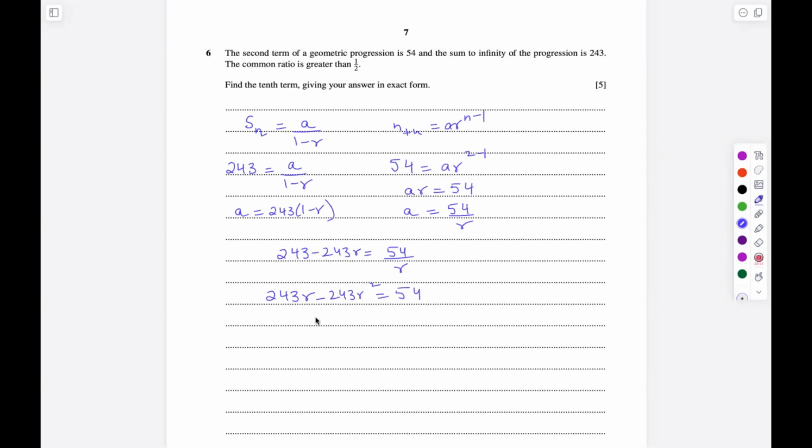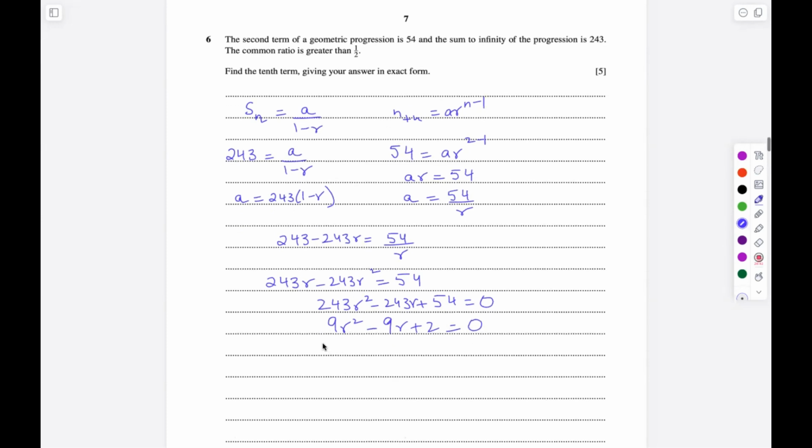Bringing the terms on the left hand side to make r squared positive, we'll get 243r squared minus 243r plus 54 equals 0. Now, 243 can divide by, when we divide by 27, the answer is 9. So this will become 9r squared. We can substitute this directly in the calculator as well to get the values of r. So this will become 9r squared minus 9r plus 2 equals 0.